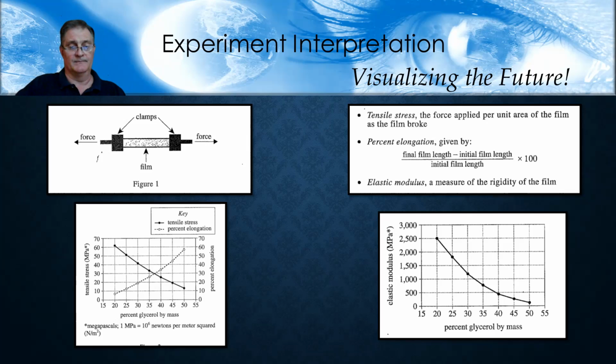Percent elongation, how far the film will elongate. And they give you an equation to help you figure that out mathematically. Now, when you see an equation given, pay particular attention to it, because they're probably going to ask you to use that equation to do a very minor calculation.